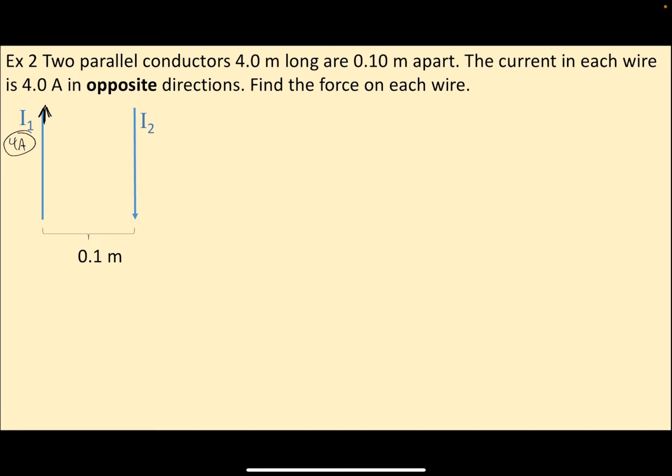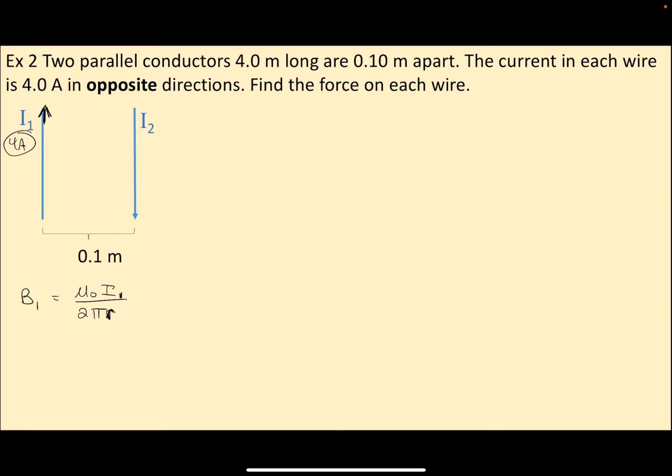I want to look at the B field due to wire 1. B field we know is mu naught I over 2 pi r. And I'm going to call this I1 because we do have 2 different currents going on here. We could sub in some numbers here, and we will in a minute, to figure out what the magnitude of that B field is anywhere that we want, whatever R value.